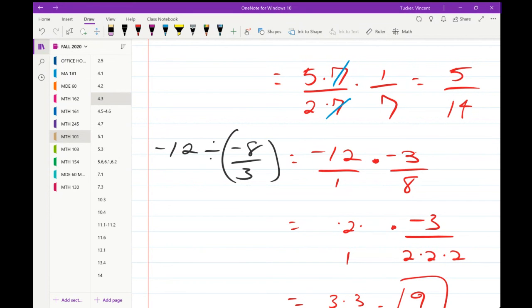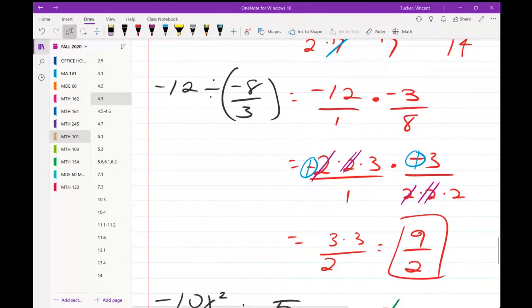I break down the 12 into negative 2 times 2 times 3. Break down the 8 into 2 times 2 times 2. So 2 cancels, second 2 cancels. Then also recognize negative times a negative is positive. So they will cancel. So 3 times 3 is 9 on top, and then that just leaves us with a 2 on bottom.